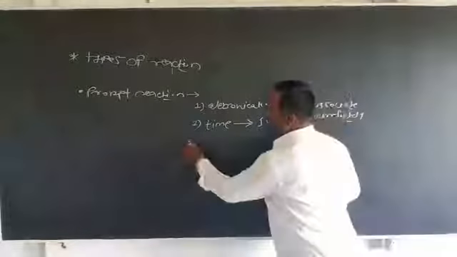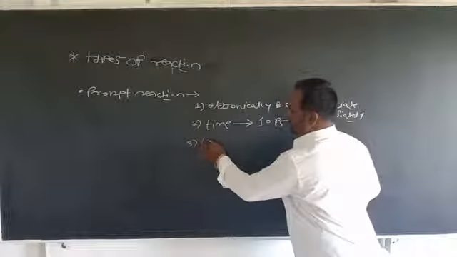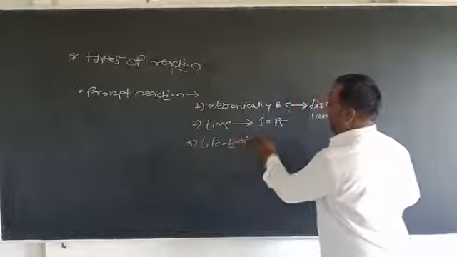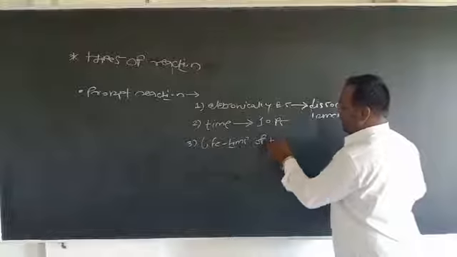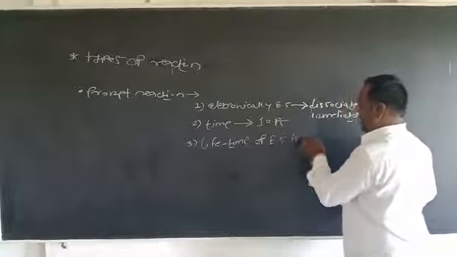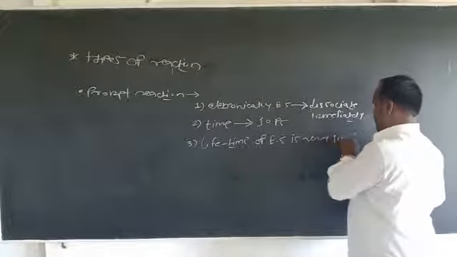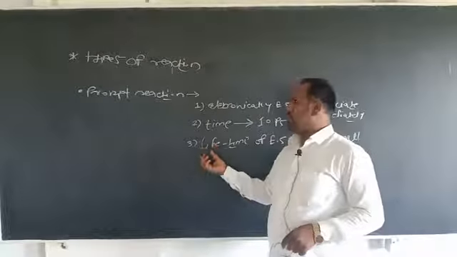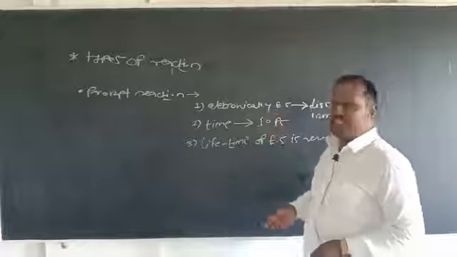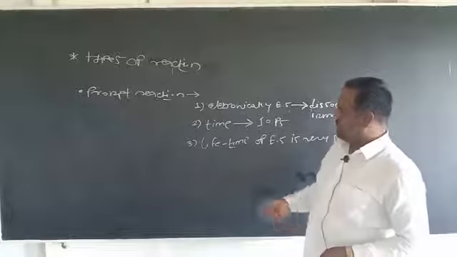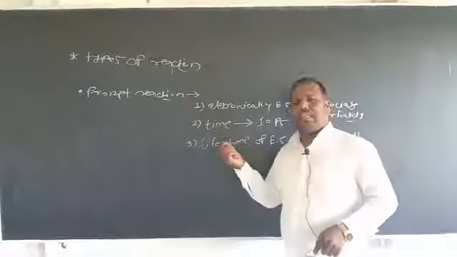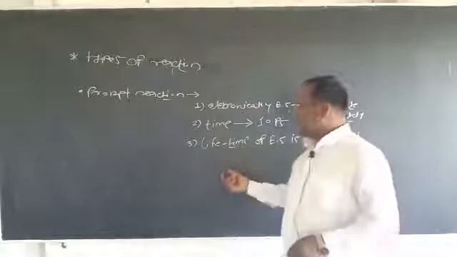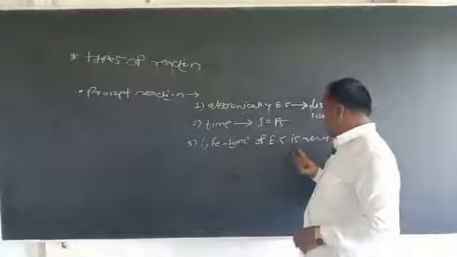In other words, the lifetime of the excited state is very small. So these are some characteristics of prompt reactions: the electronically excited state dissociates immediately after its formation, within less than 10 picoseconds the activated species is converted into the product, and third, the lifetime of the excited state is very small.